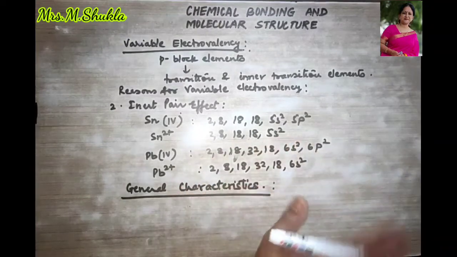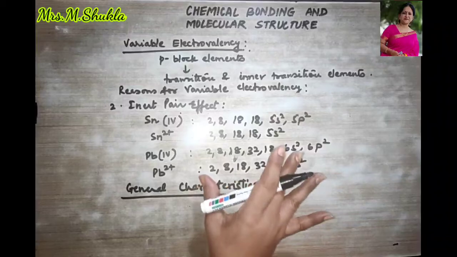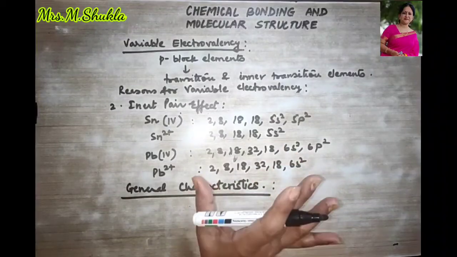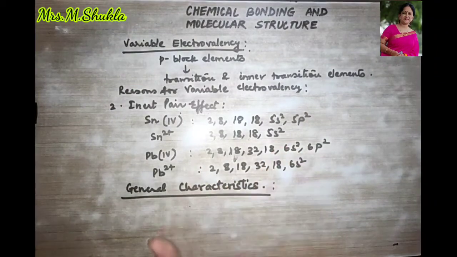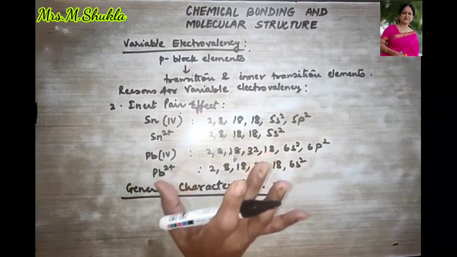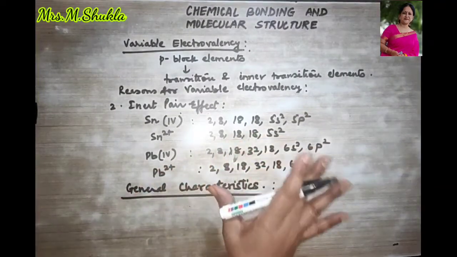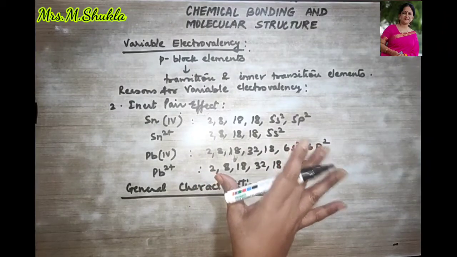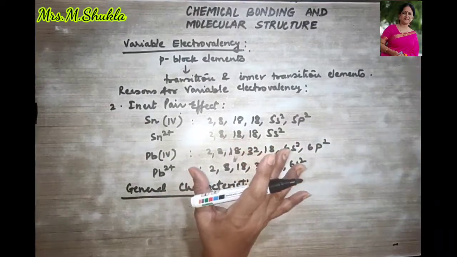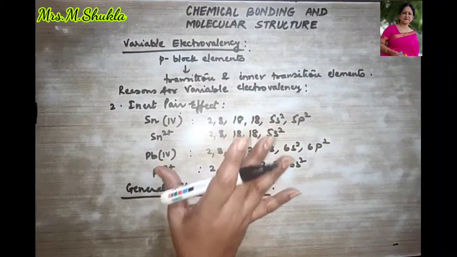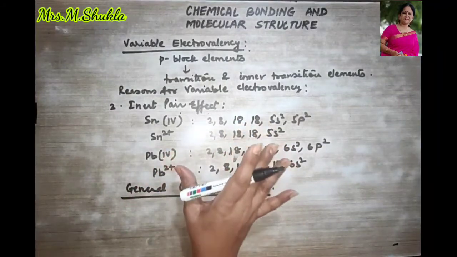These reactions are also very fast, and ionic bonds are non-rigid and also non-directional. These compounds do not show even stereoisomerism. Clear? So this was all about your electrovalent bond or ionic bonding.